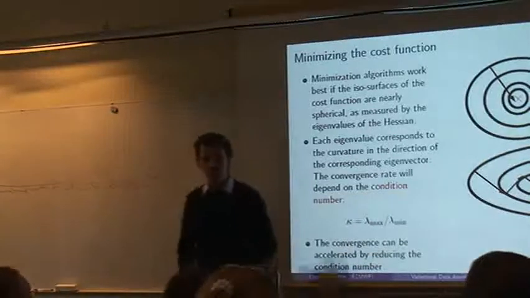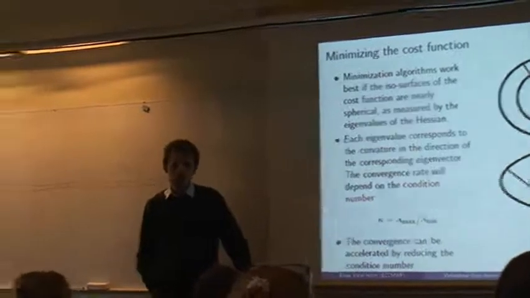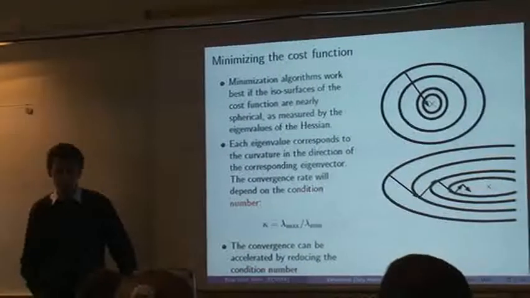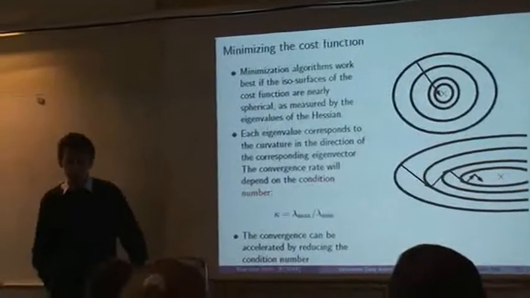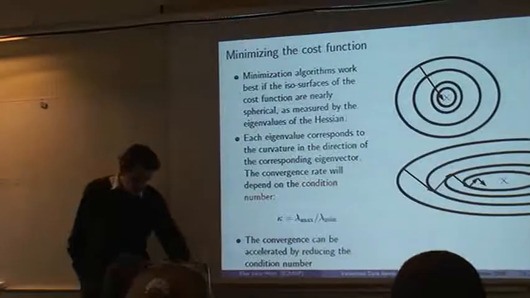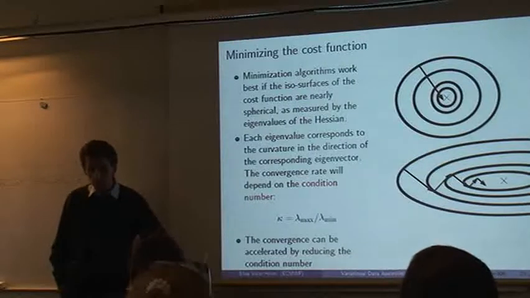When you have a quadratic function, yes, the minimum is where the derivative is 0, and it's easy to differentiate a quadratic function. So you just have a linear equation to solve. Exactly. But that is the point: if you want to solve that linear equation directly for 300 million variables, you have a very hard time.